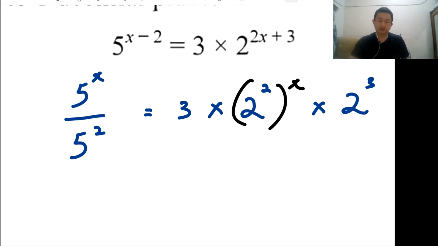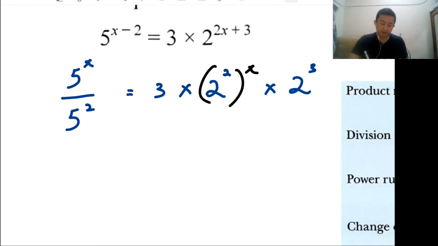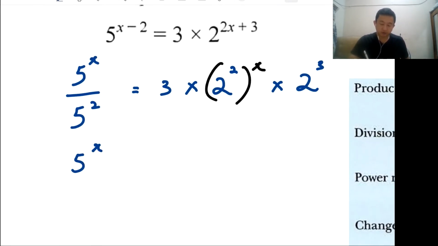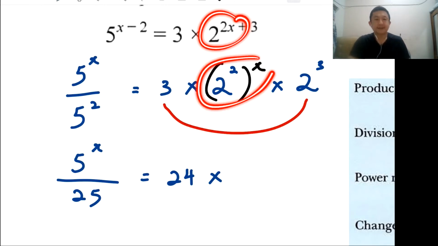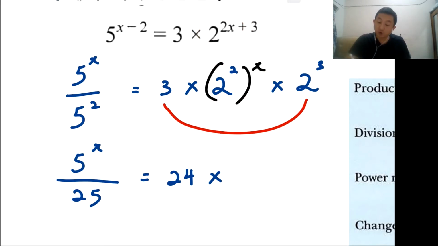Right? So this is what happened. 25. How many? 8 times 3, 24. So 24 times 2 power of 2x. You can change it to this. Why? Because I want to change it to 4 power x.